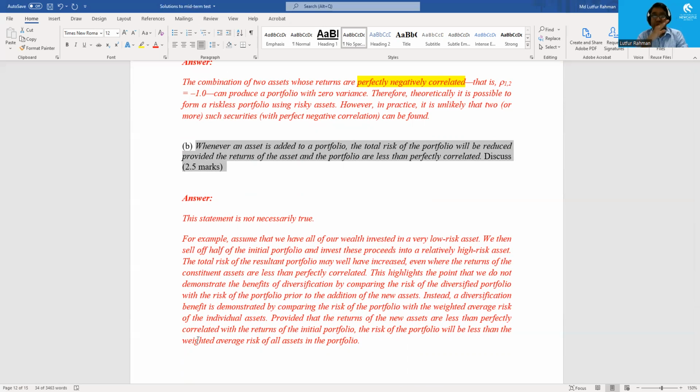I mean, it's not always correct, because when we talk about the diversification benefit, we do not explain it in a way that we add an asset to a portfolio. Let me show you this.